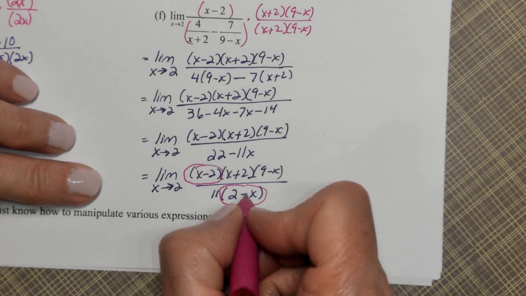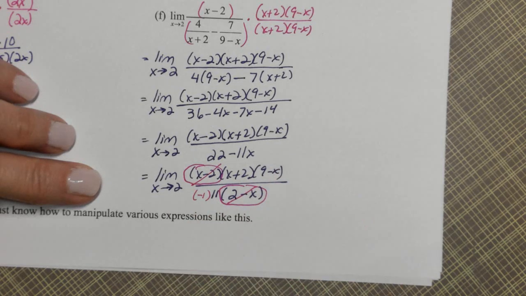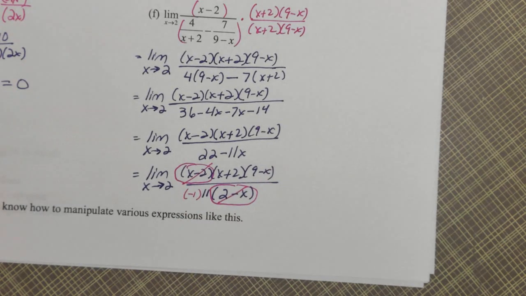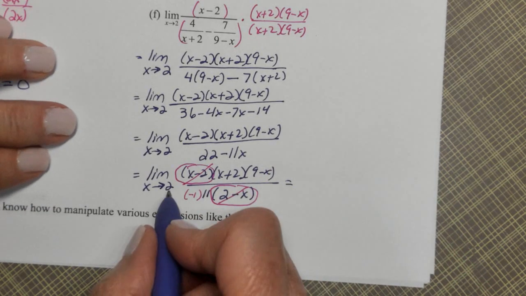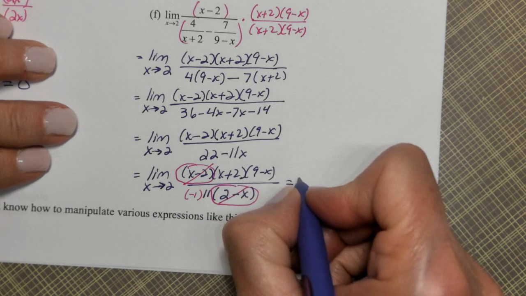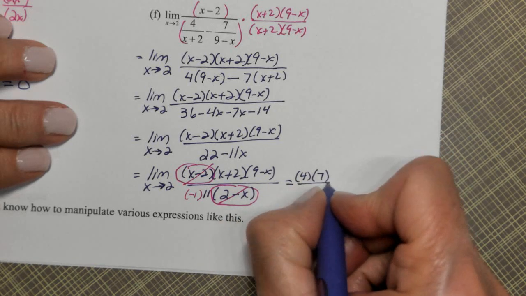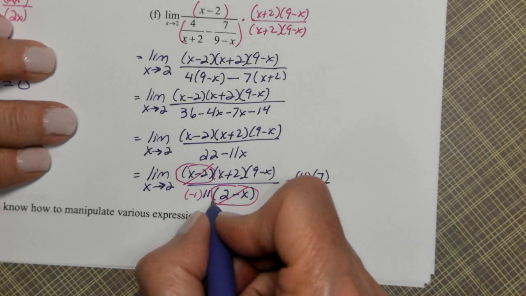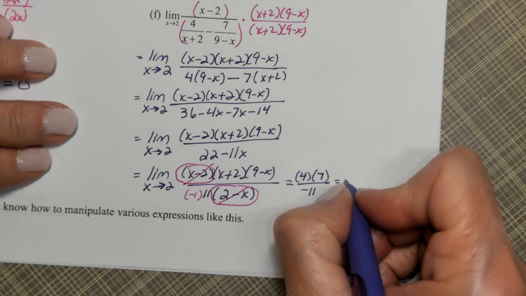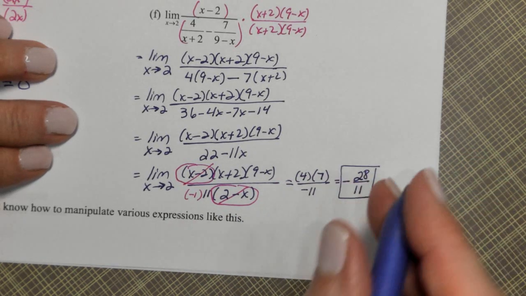We're going to factor out a negative 1. They reduce to a negative 1. And now we plug in our 2 for the remaining x's, and we'll have 4 times 7 divided by negative 11. So this is a negative 28 over 11. An interesting limit that time.